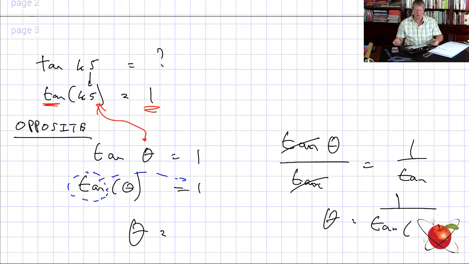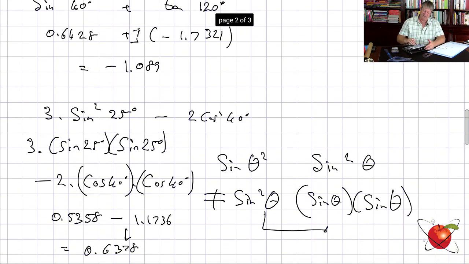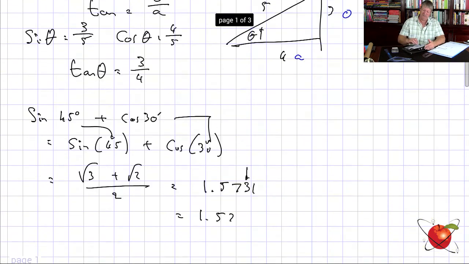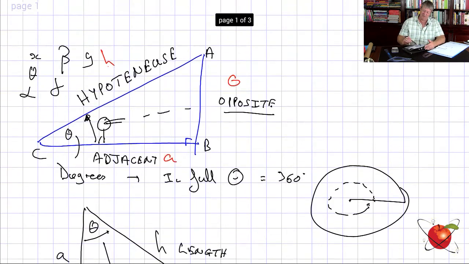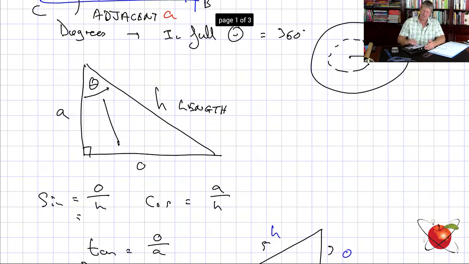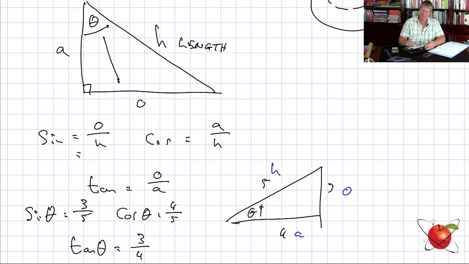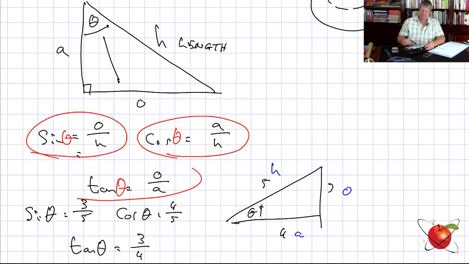Why? Because tan, cos, and sine always go with an angle. Remember where they come from. It's not very difficult. Sine of an angle theta, cos of an angle, tan of an angle, they all go together.